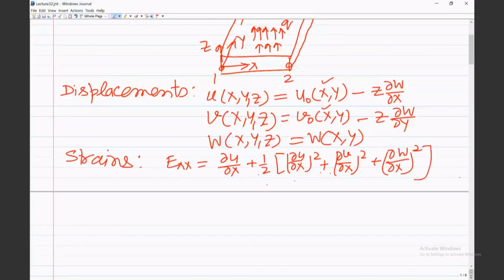Now what is observed is that when the transverse displacement of the plate is of the order of thickness, we find that these two terms are actually negligible.